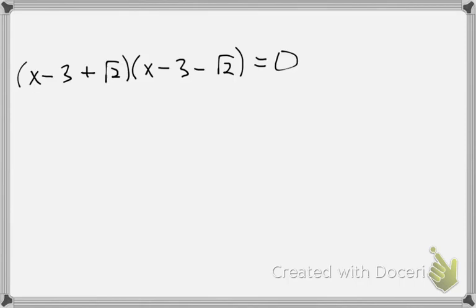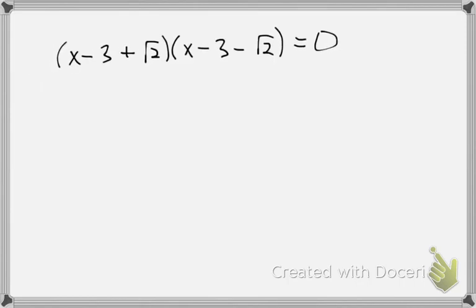Now, multiplying this out, you could do the box, or we might notice if I group the x minus 3's together, this is a difference of squares. So I actually get x minus 3 squared minus 2 set equal to 0. You guys agree?